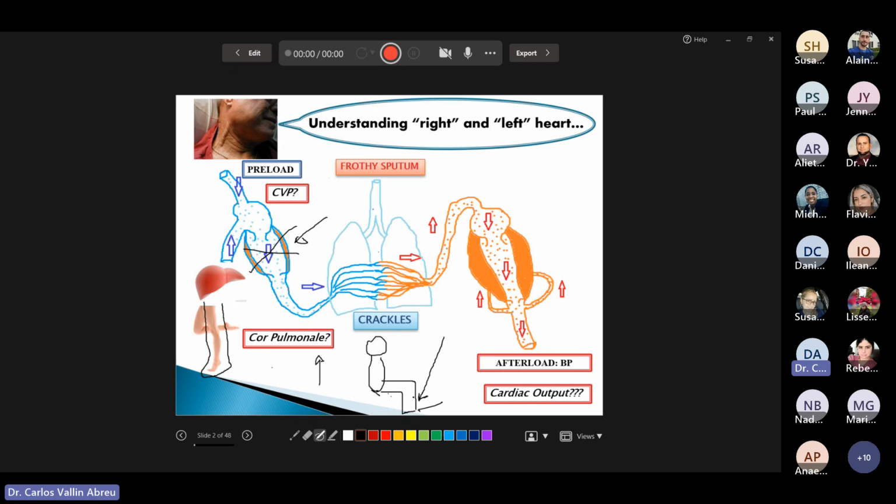So fluid retention in any part of the body manifests better when you measure the weight of the client in a short period of time, every 1 or 2 days, because the liquid that is retained has a weight. Each liter of liquid weighs 1 kilogram, and 1 kilogram is 2.2 pounds.